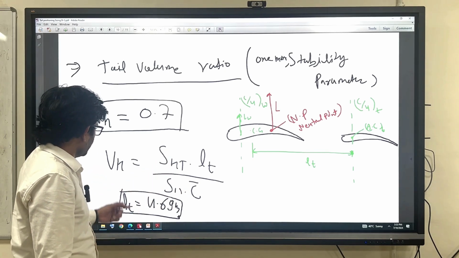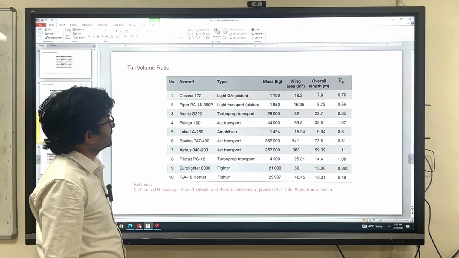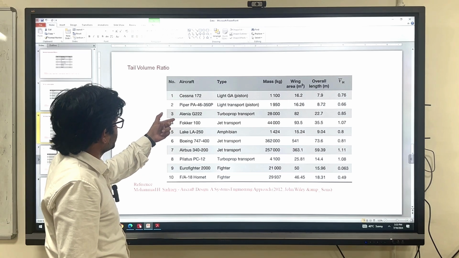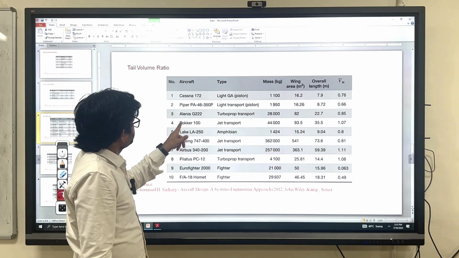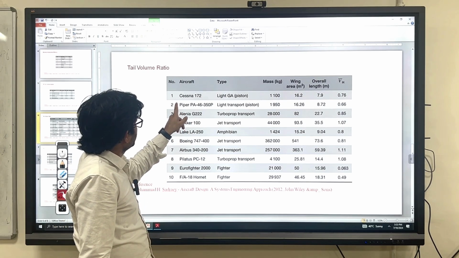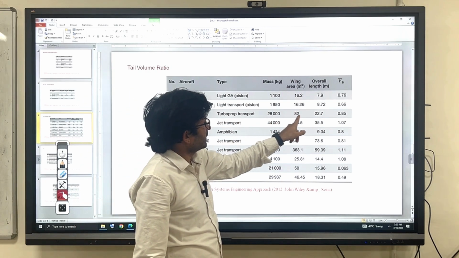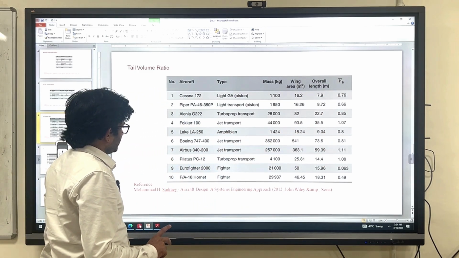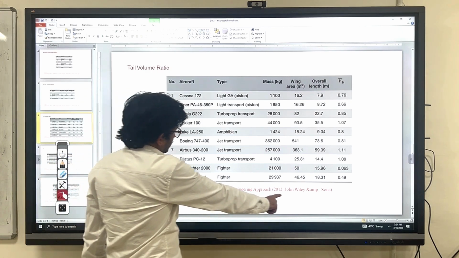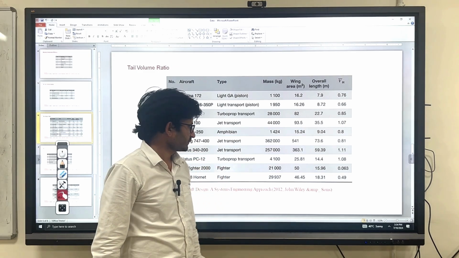Now have a feel for this number, the tail volume ratio. I have listed many aircraft here, and the reference is also given, so you can go and check. One is the Cessna 172, where the tail volume ratio is 0.6. And consider the fighter aircraft F-18, this model only.